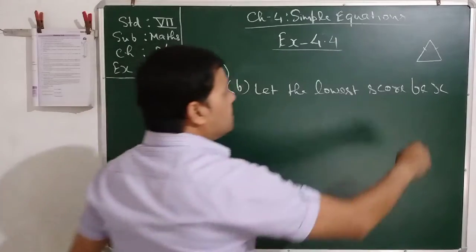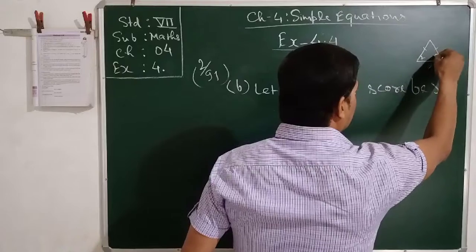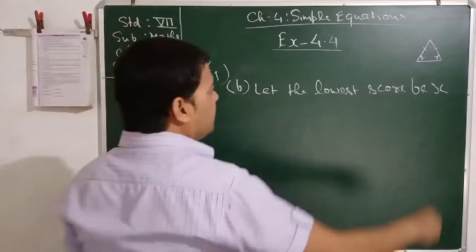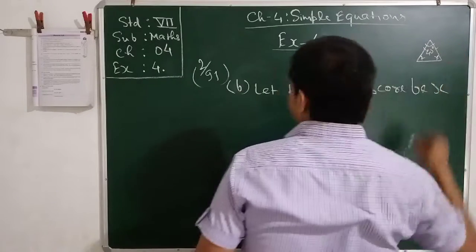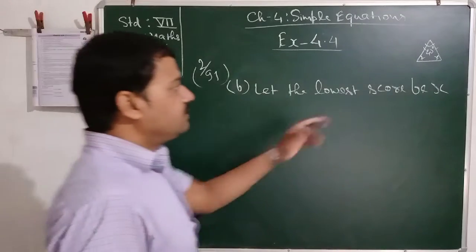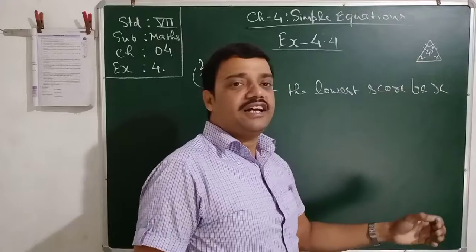The base angles are equal, as the sides are equal, and the vertex angle is 40 degrees. Now, what are the base angles of the triangle? You are asked to find these two angles.